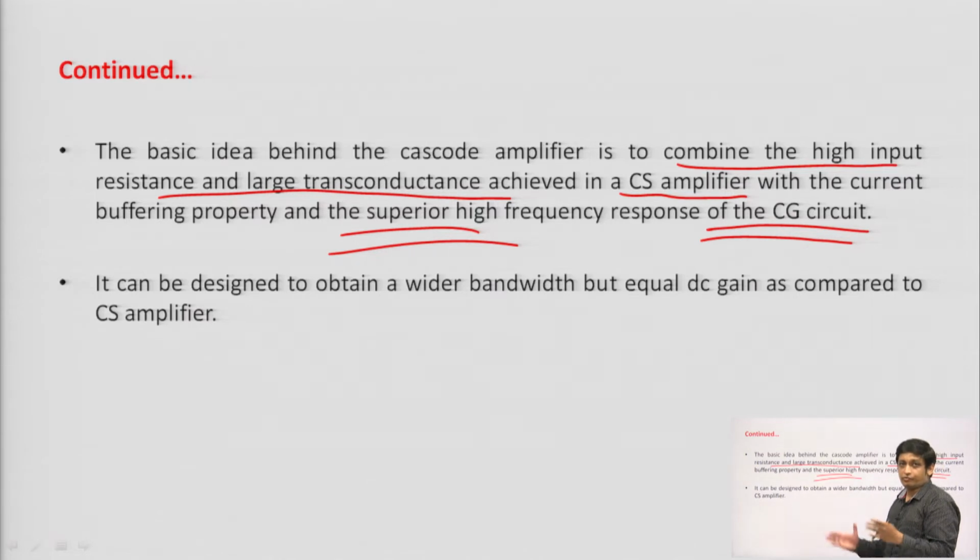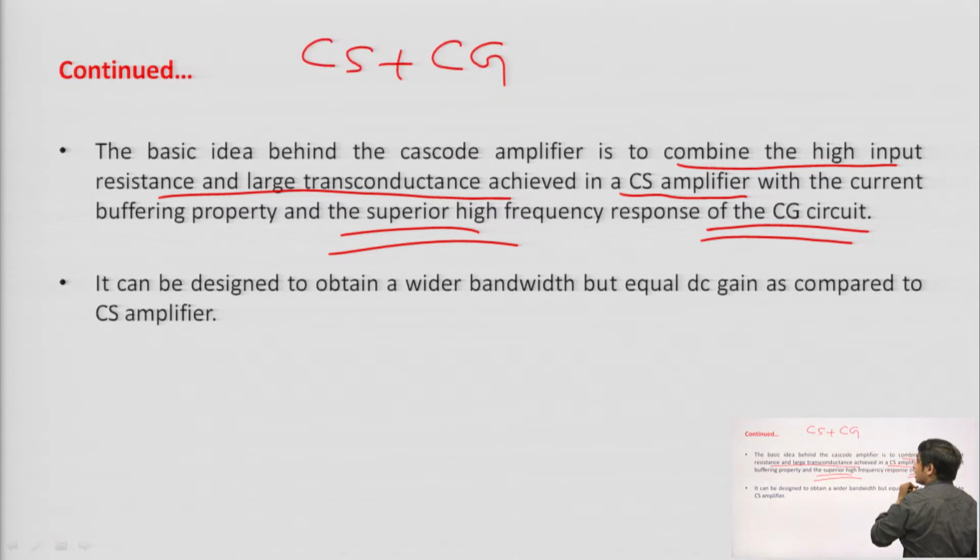So, we are combining the advantages of CS and CG amplifier in cascode amplifier. Cascode means common source plus common gate while using MOSFET. While using BJT, it will be common emitter plus common base.